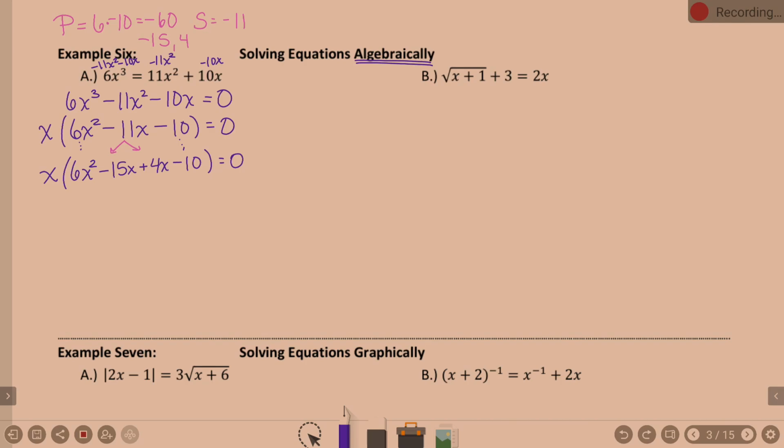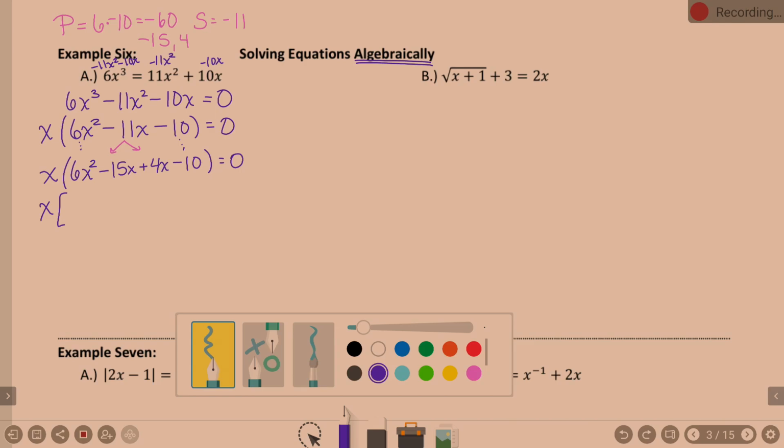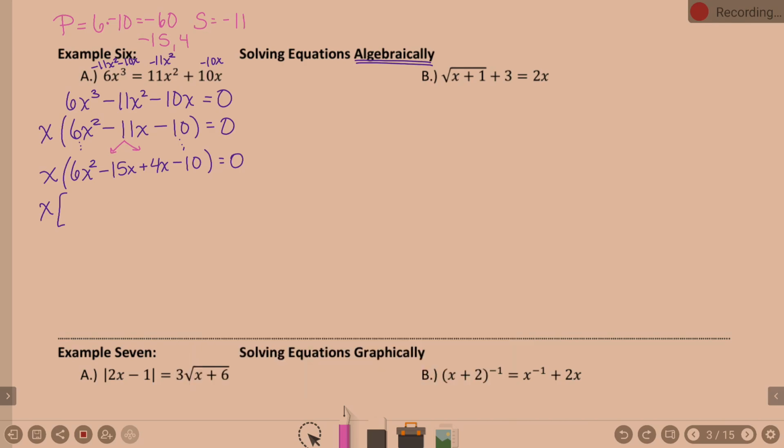The x out front, keep carrying it down, don't lose it. What do I do with these 4 terms? Factor by grouping, because we're splitting these 4 terms in half, right?